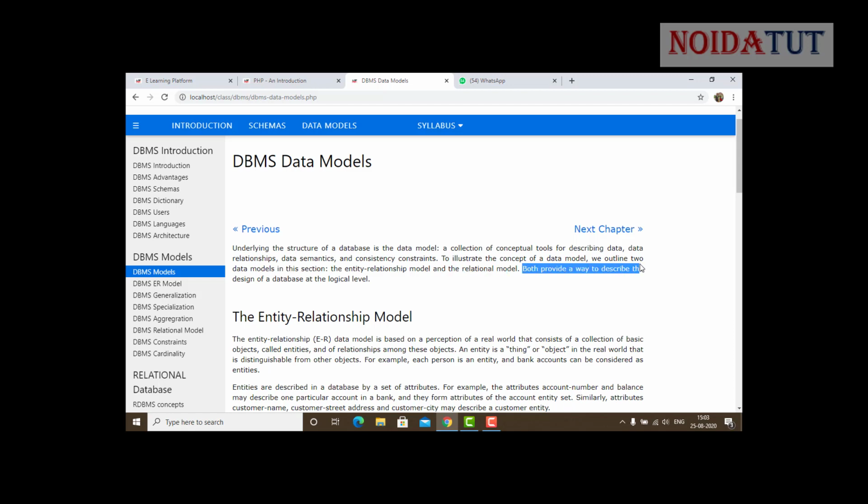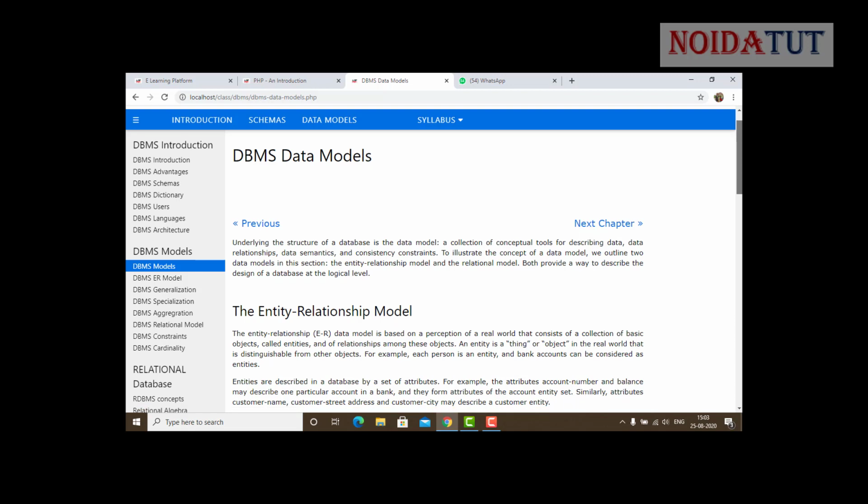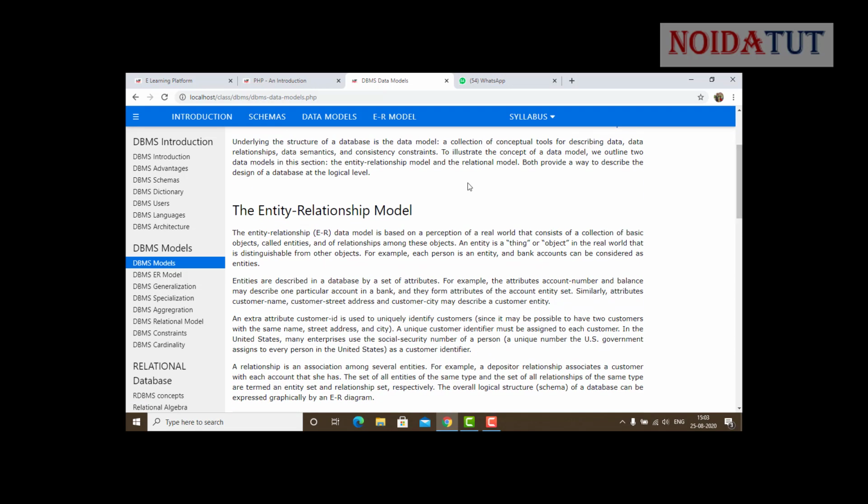Both provide a way to describe the design of a database at the logical level. In our previous tutorials, we have seen there are three levels: view level, logical level, and schema level.